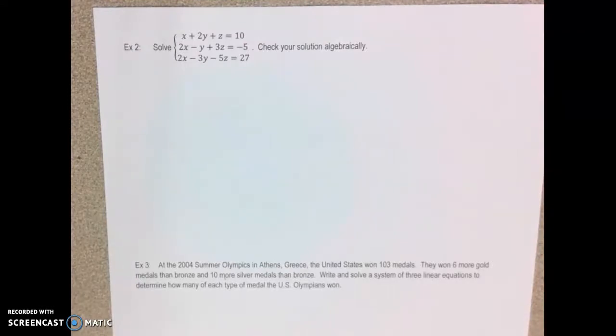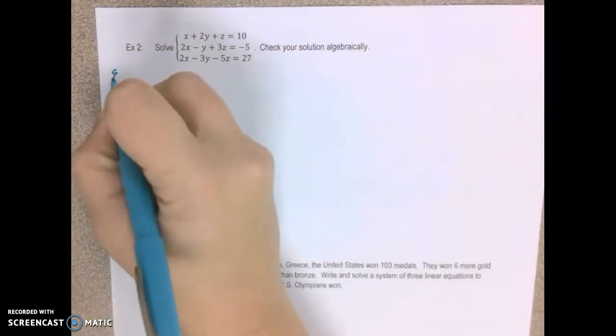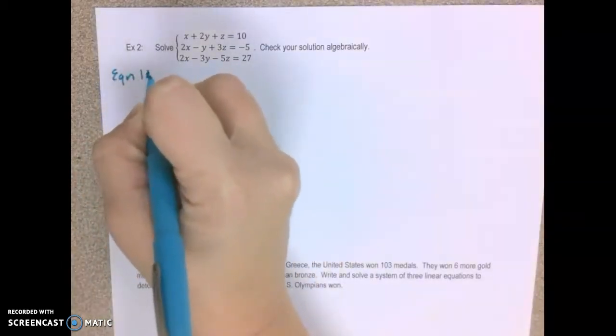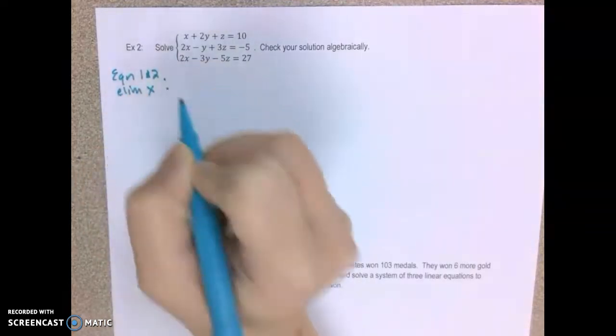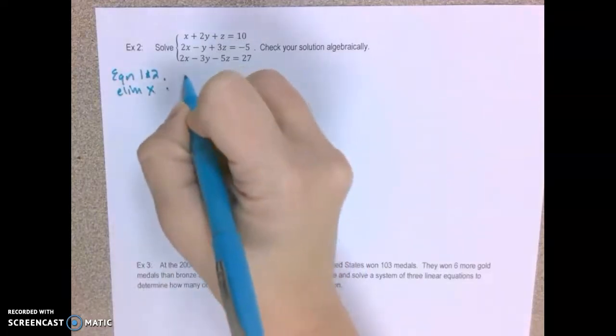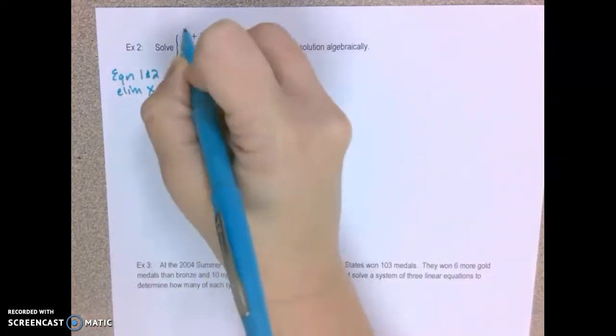In our 3 equations, none of our variables are going to cancel out right away, so we can't solve for any of them yet. We need to pick 2 equations, and I think it's always easier to start with equations 1 and 2 and eliminate x. Our first equation was x plus 2y plus z equals 10.